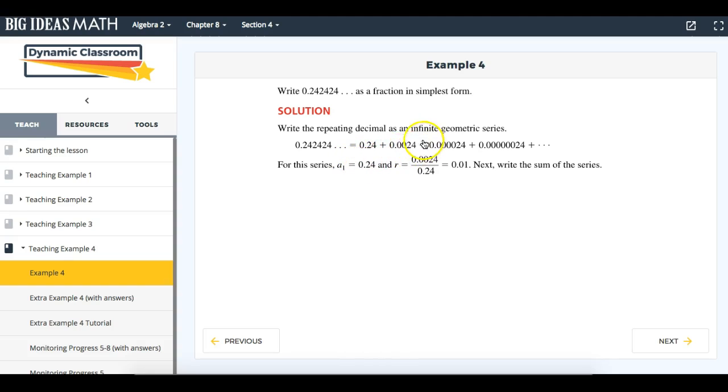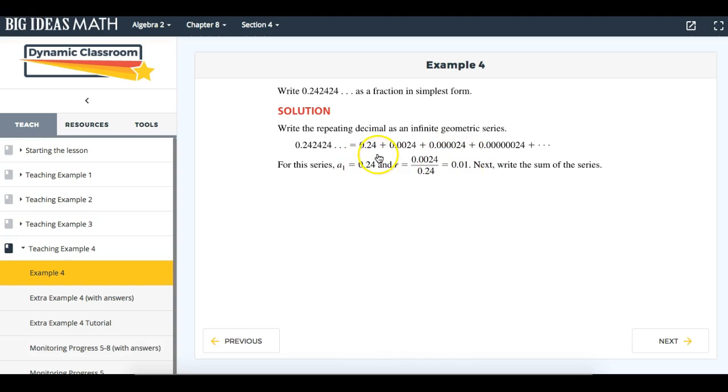Remember, our ratio is just our second term divided by our first term. And when you have a repeating decimal, it's always going to be geometric. So all you have to do is take your second term and divide it by the first term. You can use a calculator to figure this out. In this case, it's 0.01.